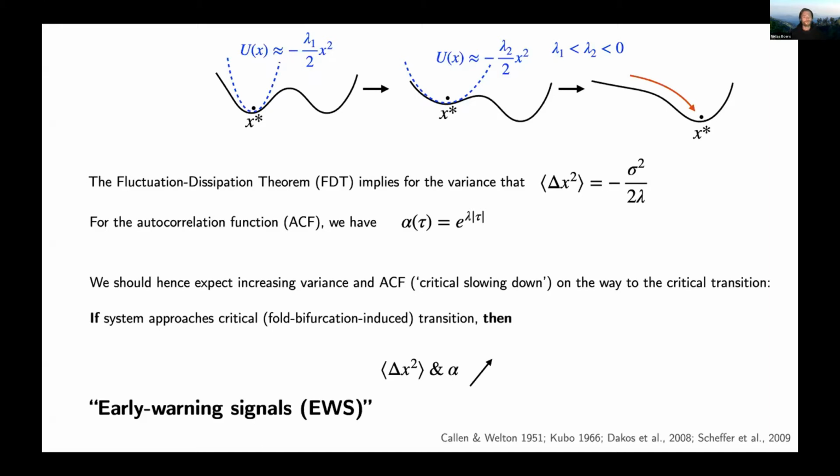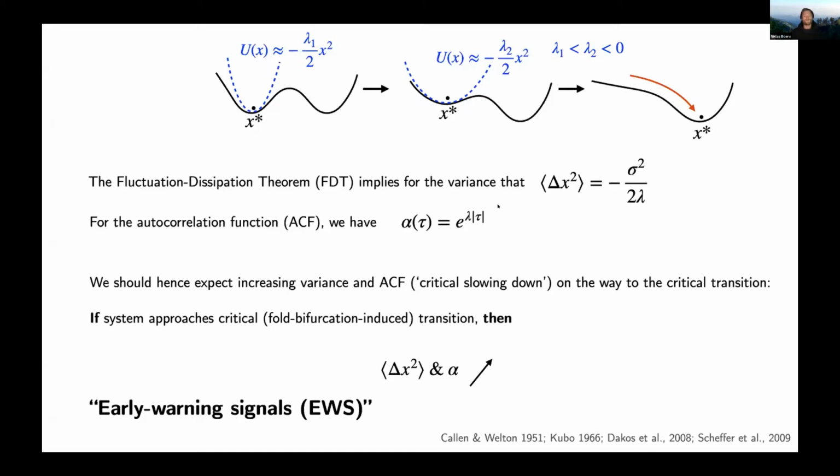From the fluctuation dissipation theorem, we know that the variance is proportional to -1 over lambda, where lambda is the parameter in front of the x squared. When we linearize the differential equation system, we're making a quadratic approximation of the potential well around the fixed point.